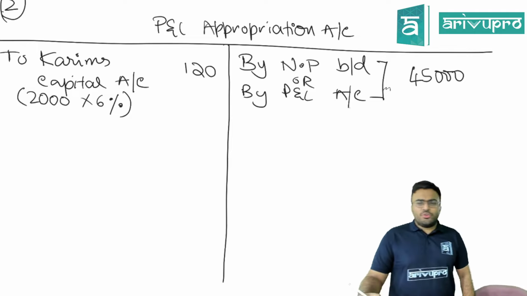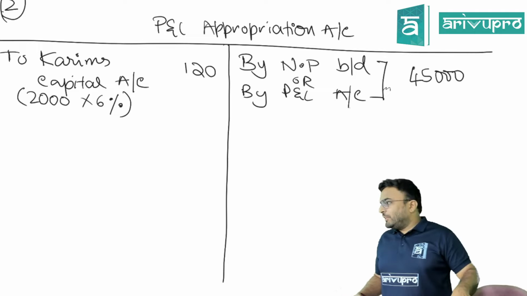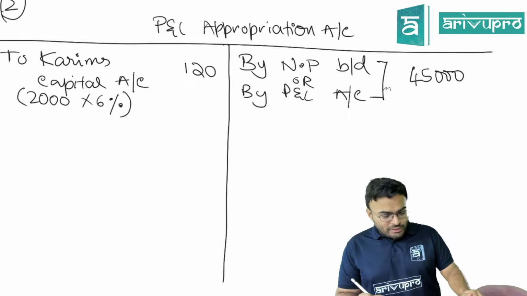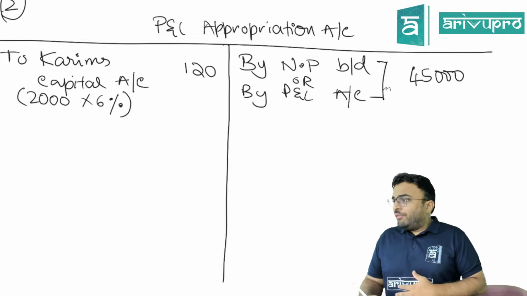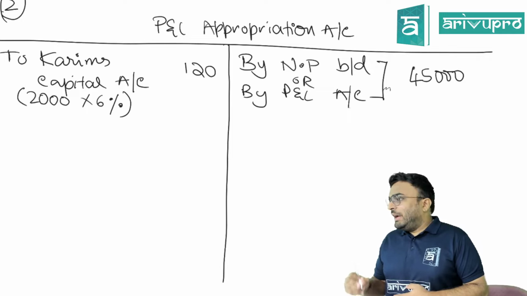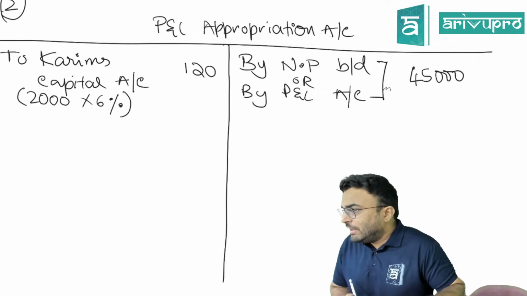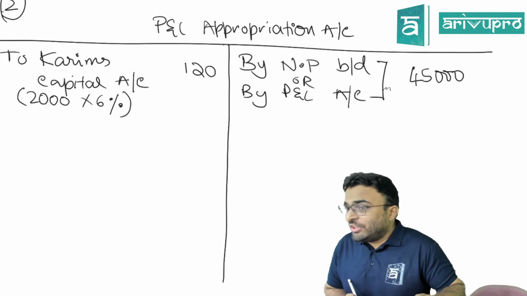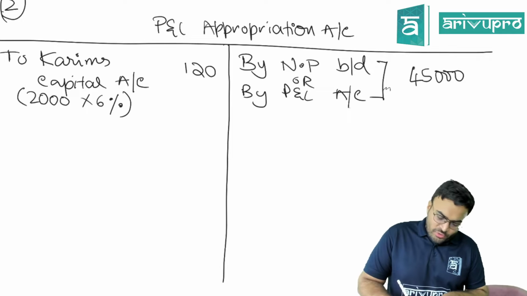How much do you have left? Out of 45,000, after giving 120, how much do you have left? 44,880. Can we distribute this 44,880? No, they say 10% should be transferred to reserves. So what you will do?